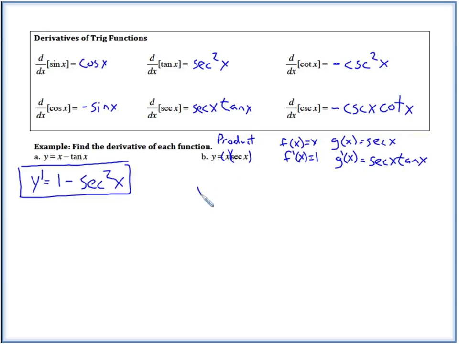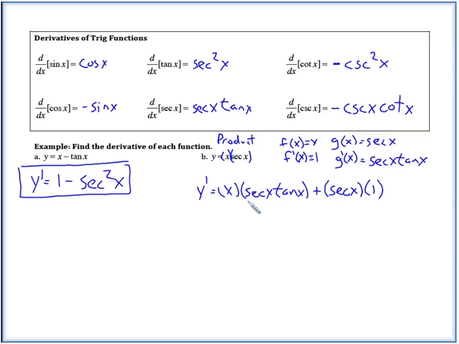Okay, so let's go ahead and apply the product rule now. So 1d2, so x times d2, secant x tan x, plus 2d1. So 2 is secant x, and d1 is just 1.